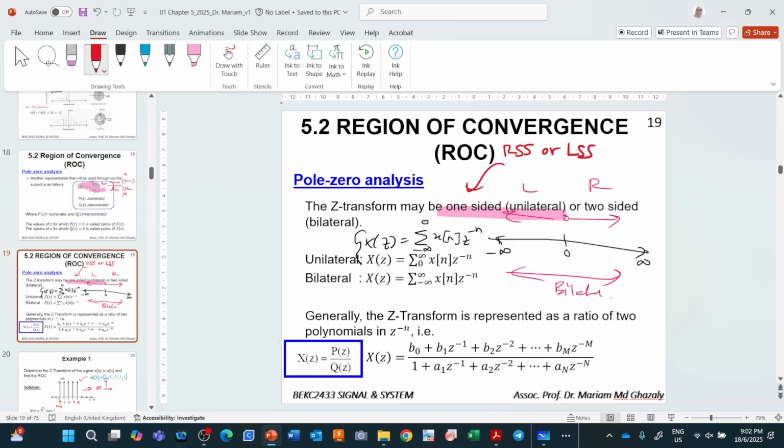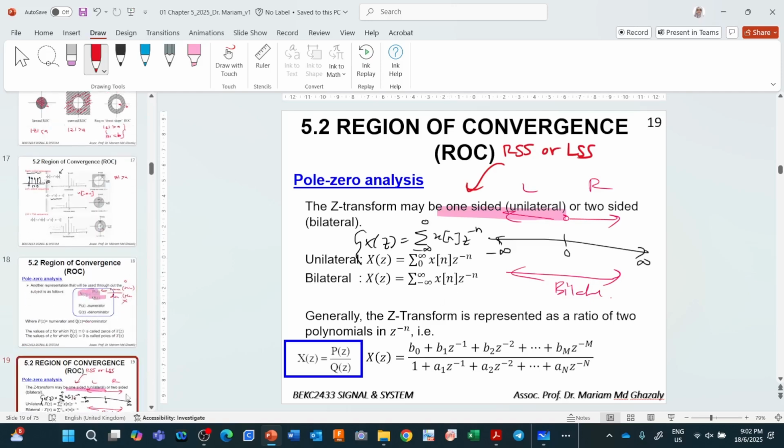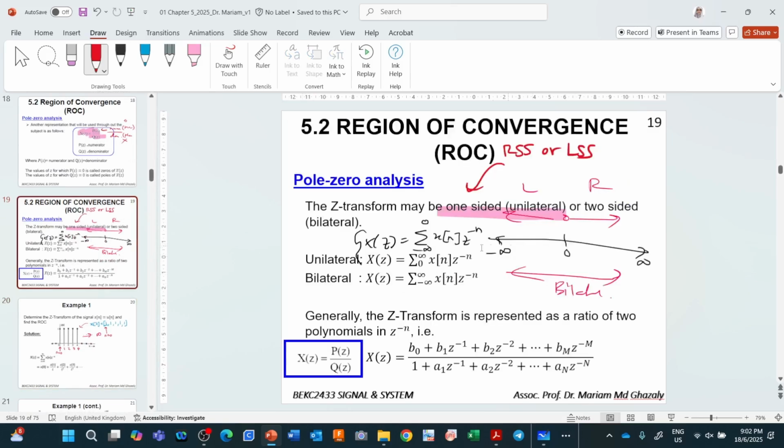Two-sided means that they have both, right and left. And how you write the equation will be different for right and left.